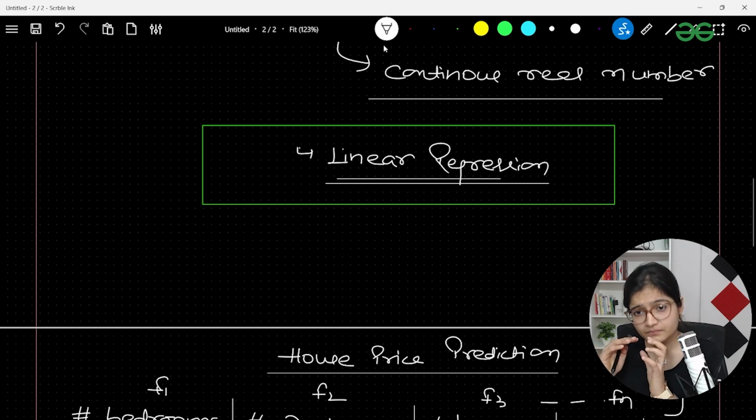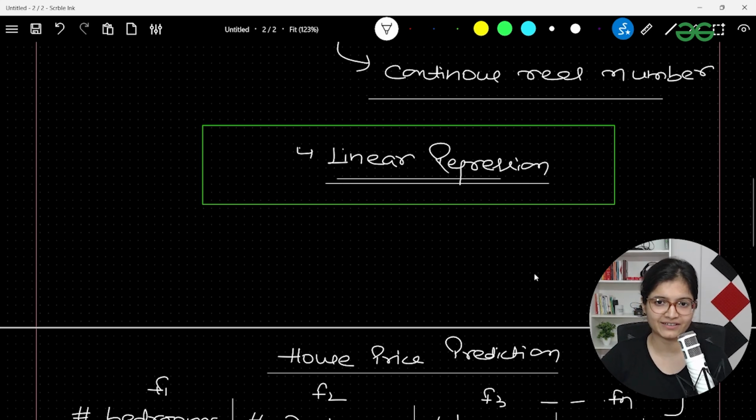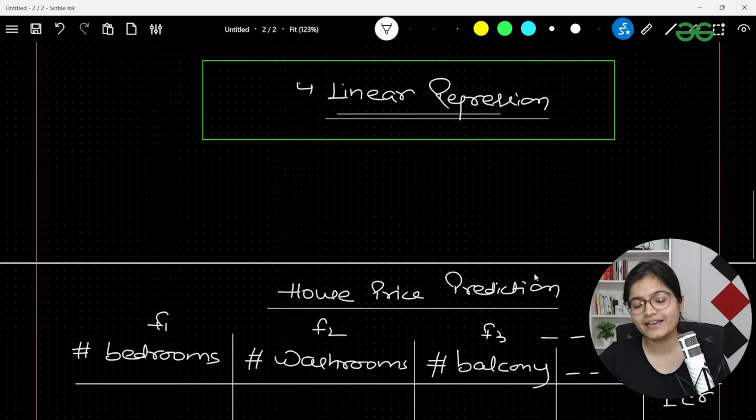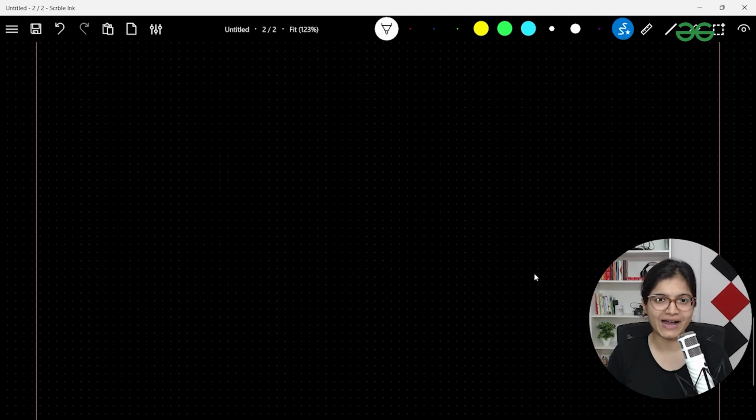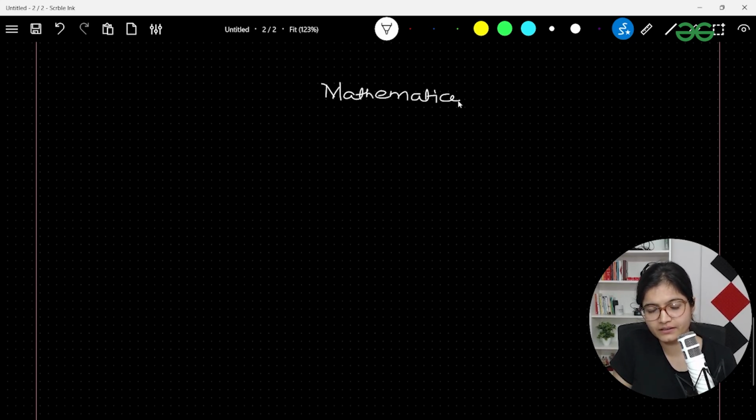Now, in the upcoming session, we will talk about the mathematical intuition behind linear regression, and how, with the help of this kind of algorithm, we will be able to get the prediction of any continuous real value. So the important thing you have to understand in the upcoming session is how the mathematical intuition of linear regression works.